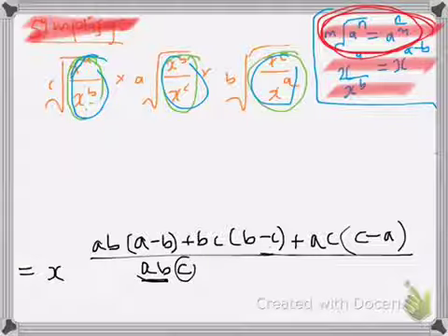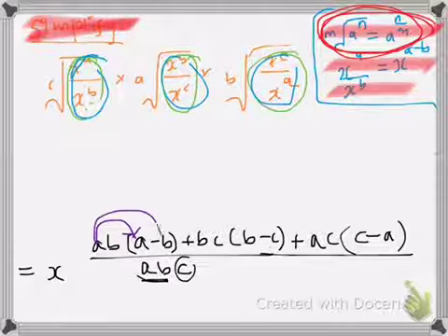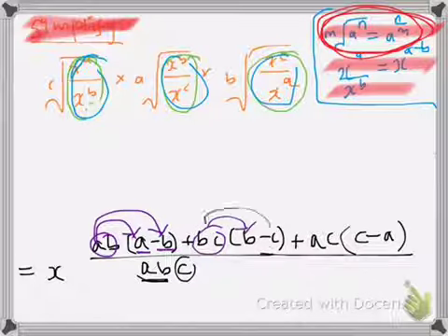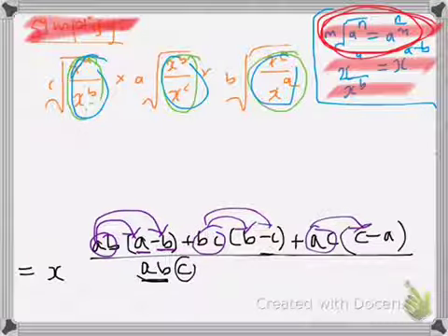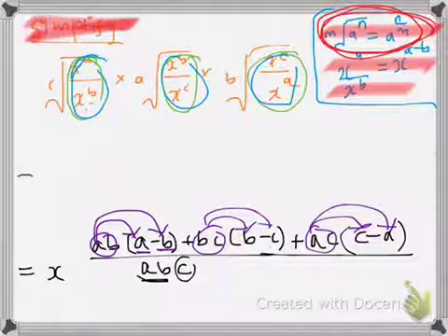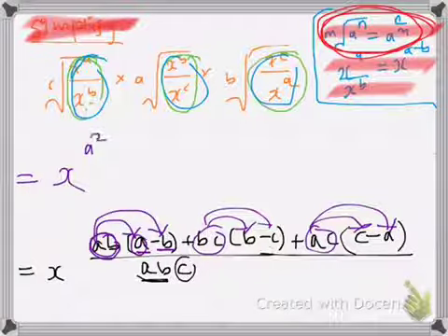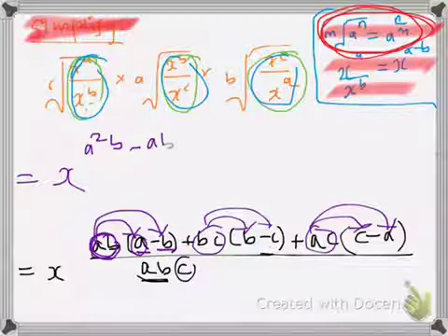Finally, let us do a simple simplification by distributing ab to both the inner terms. So this gives x to the power, when ab multiplies a, we get a squared b. When ab multiplies b, we get ab squared.